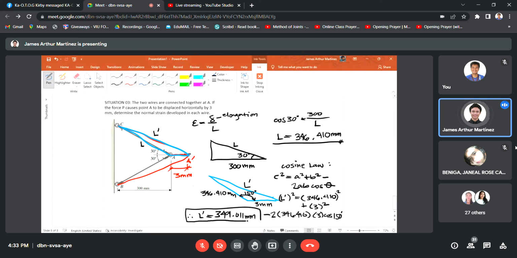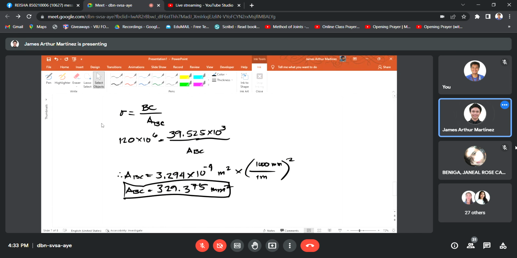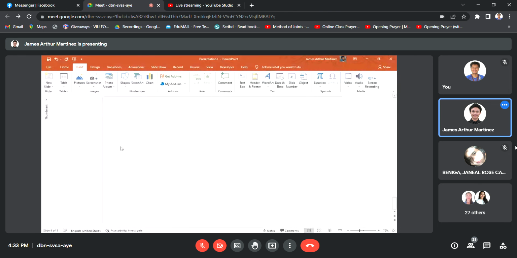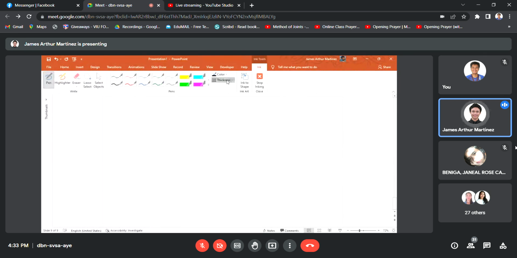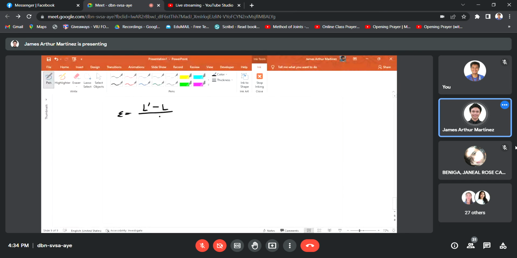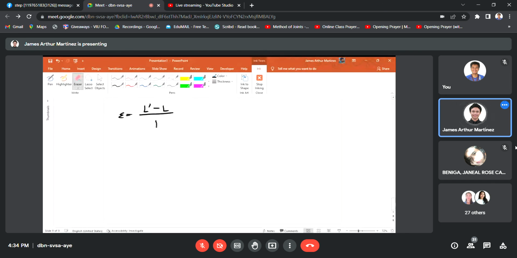So we now have the total length of the wire when it is elongated. So we can compute the normal strain. Therefore, normal strain is just equal to the elongated length of your wire, L prime minus the original length, over the original length.